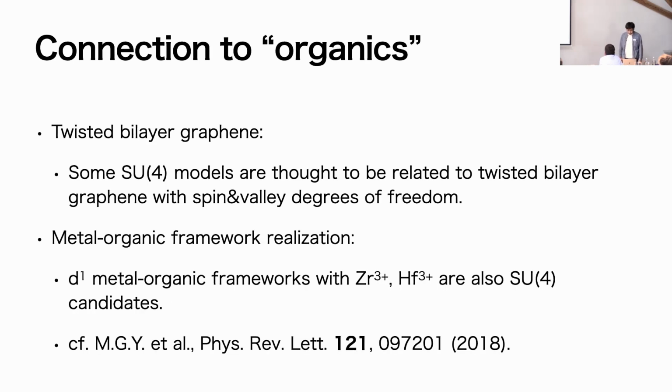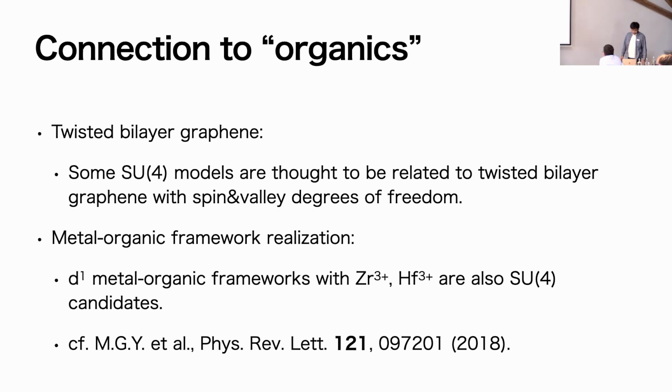These kinds of SU4 models are intensively discussed very recently in relation to twisted bilayer graphene carbon systems, because twisted bilayer graphene or even bilayer graphene has spin and valley degrees of freedom, so if you treat this spin-valley model as, let's say, SU4 spin, then you can discuss SU4 symmetry or the deviation from the SU4 symmetric point.